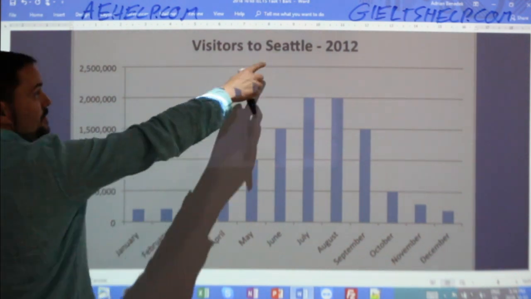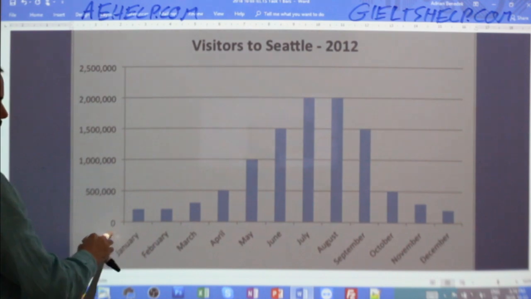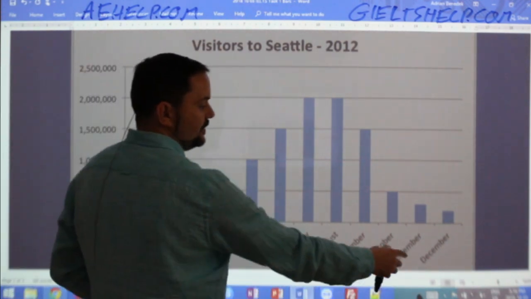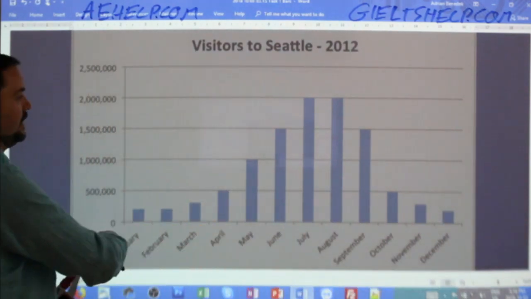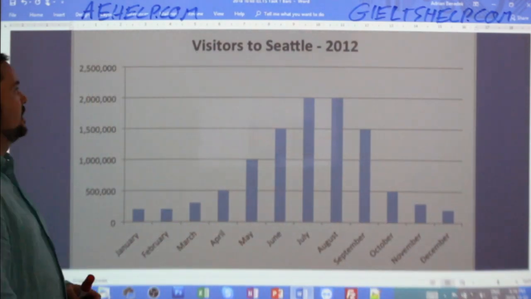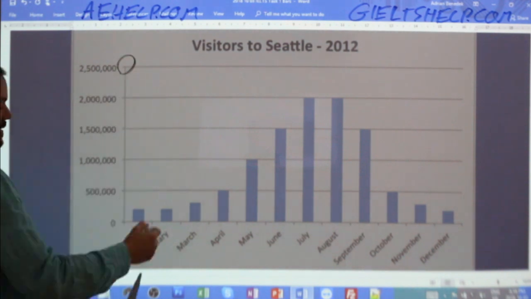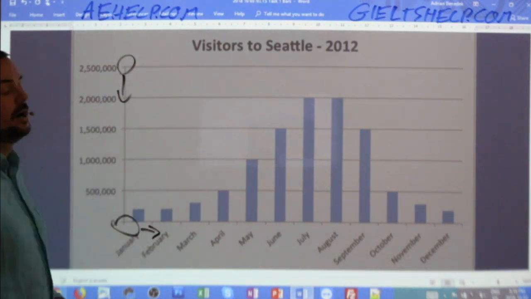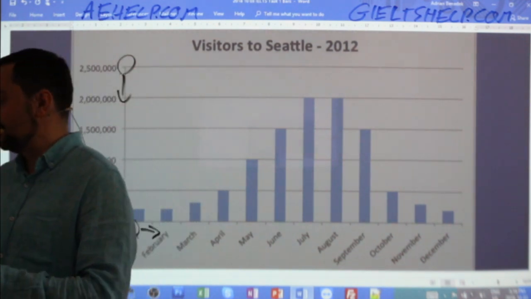And that's, of course, for Seattle. And then here we can see that the x-axis goes from January until December. So we have that full year of 2012, okay? So we're looking at this, and we're looking at this here, okay? All right, so pay attention to that.